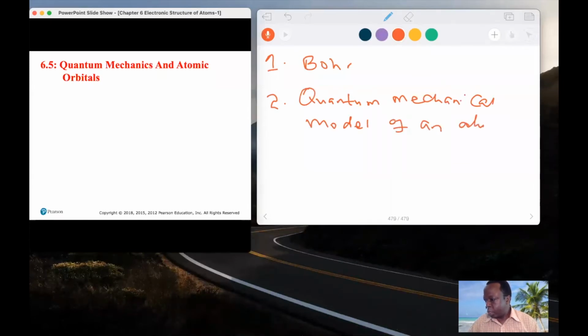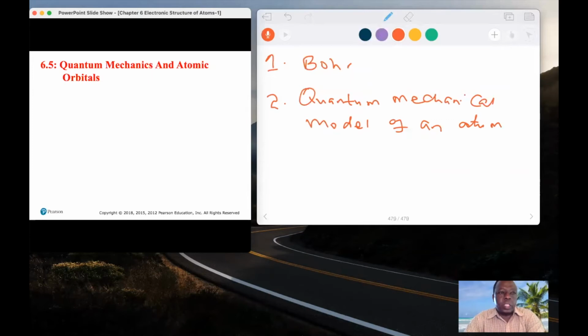This is the subject of 6.5. What we know now is electrons are moving around the nucleus like a wave, and we cannot know exactly where it is, but we know they are right there.